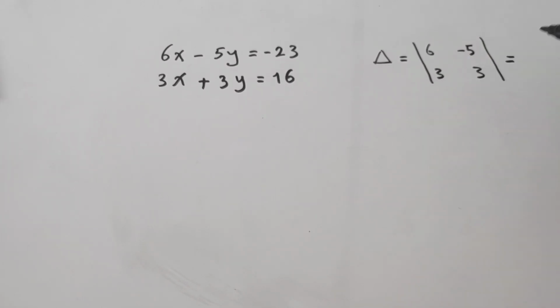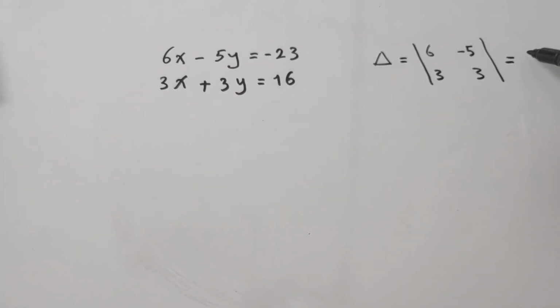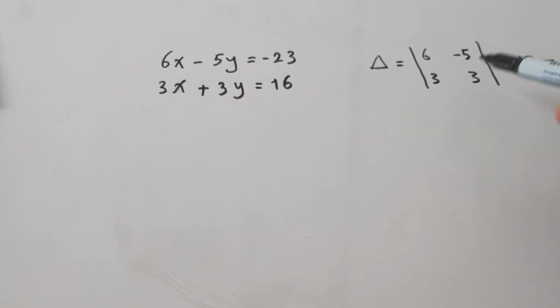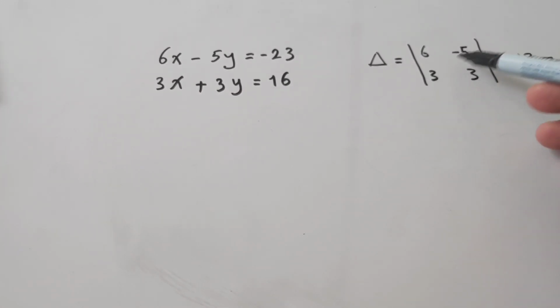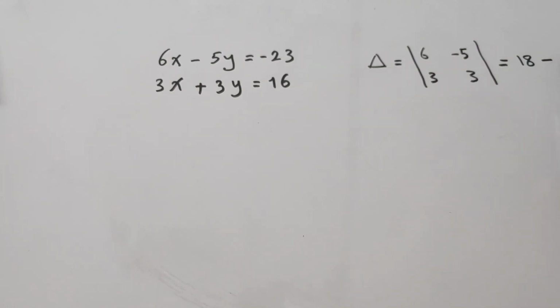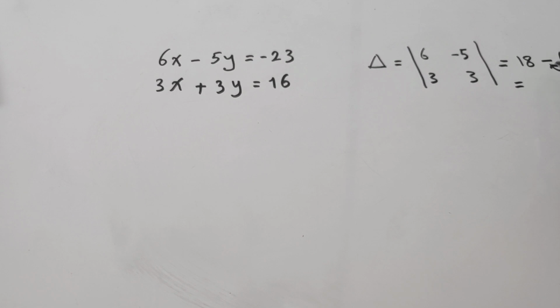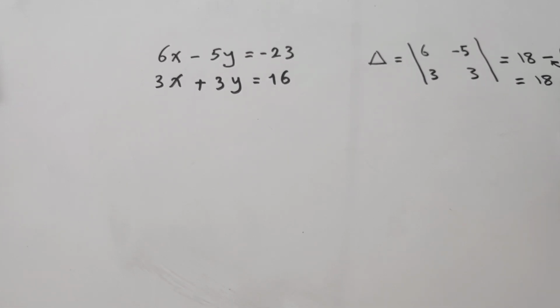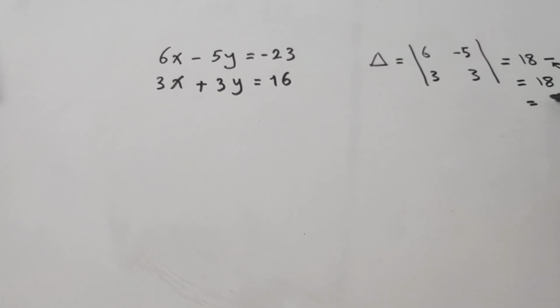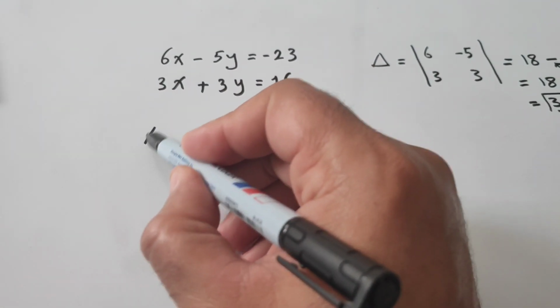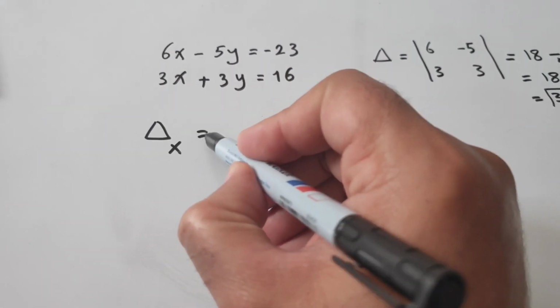We can solve this determinant. 6 times 3 equals 18, minus negative 5 times 3 equals negative 15. Minus minus means plus. 18 plus 15 equals 33. This is delta.